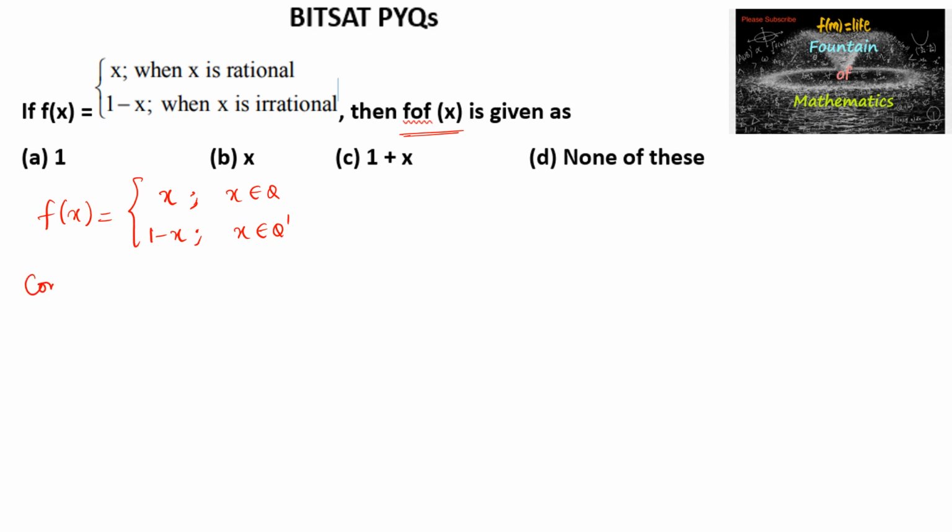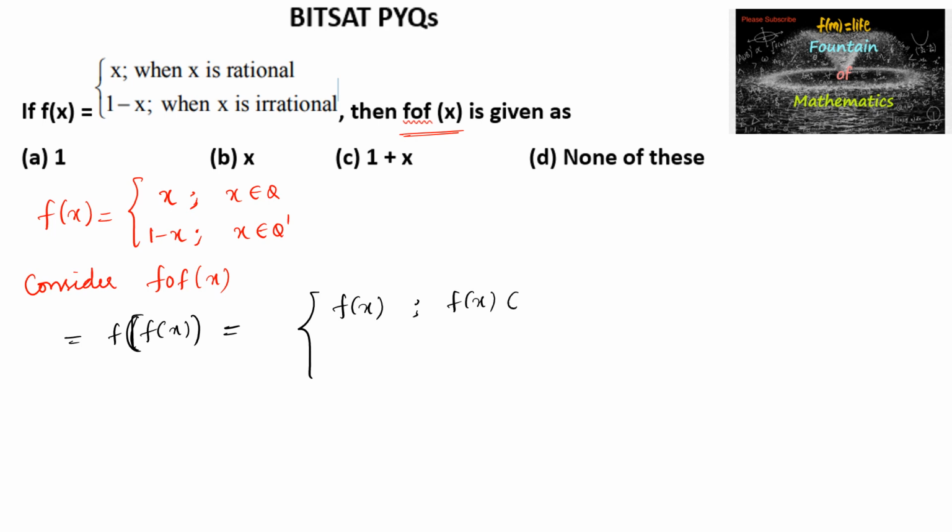So consider f circle f of x, which is equal to f of f of x, which is equal to f of x whenever f of x is a rational number, and whenever f of x is an irrational number, we can write 1 minus f of x, according to the definition given.